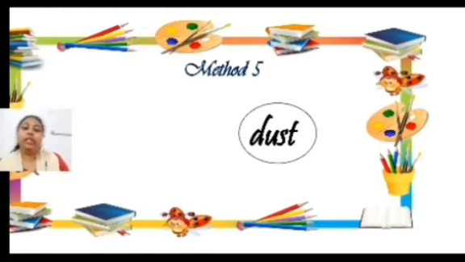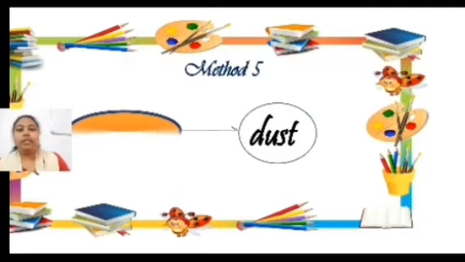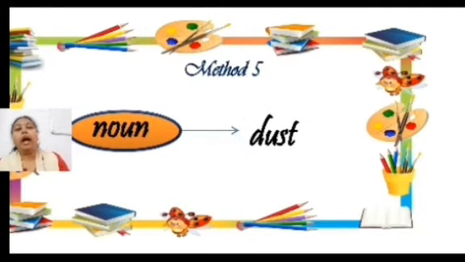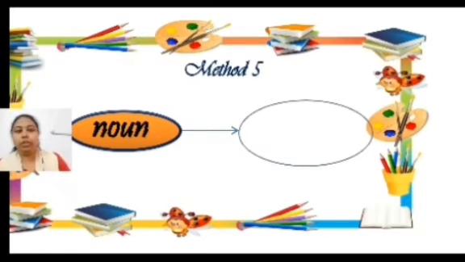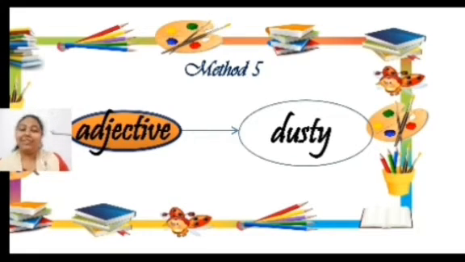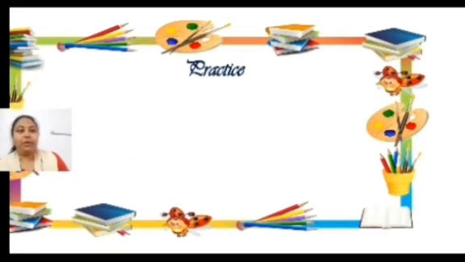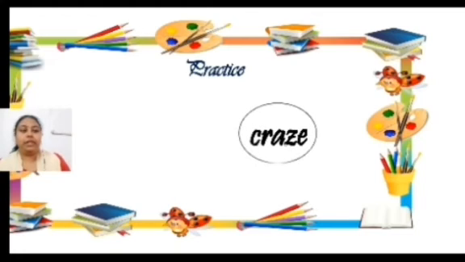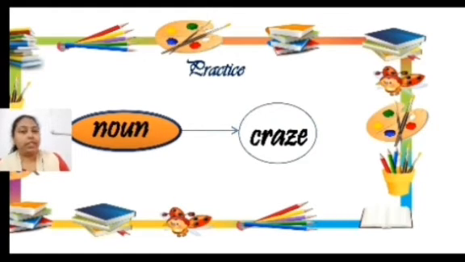The word is dust. So, I am going to add only Y to these words. And the new word which will be formed is dusty, which is an adjective. One more example, children, okay? Here it comes. Craze, CRAZE. This is a noun.